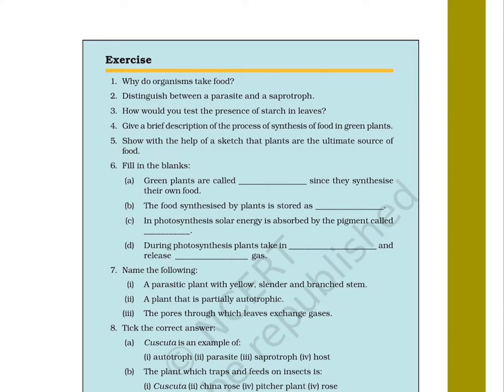C. In photosynthesis, solar energy is absorbed by the pigment called blank. D. During photosynthesis, plants take in blank and release blank gas.